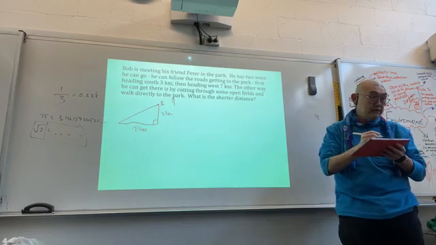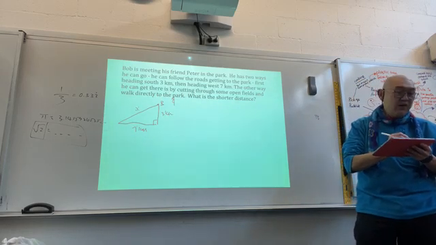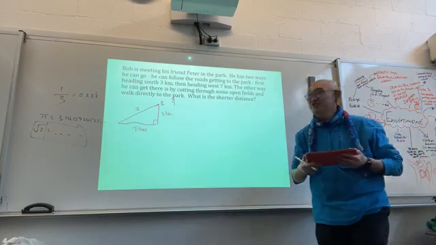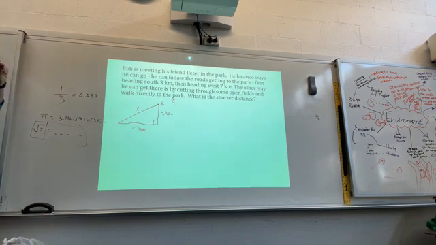What is the distance? Do we have to know the distance, or do we just need to know which one's shorter? No, you need to know the distance. Work out the distance. Because we know the x is shorter, obviously. But listen, you always know x is shorter, but in maths, you always have to quantify the value.